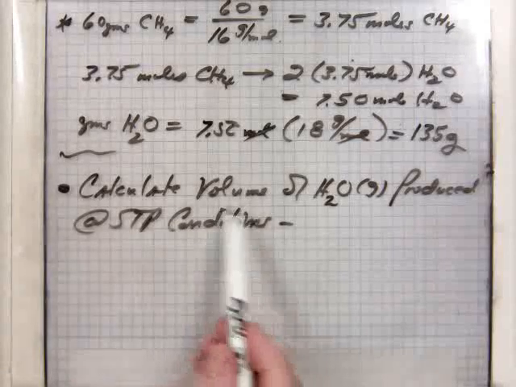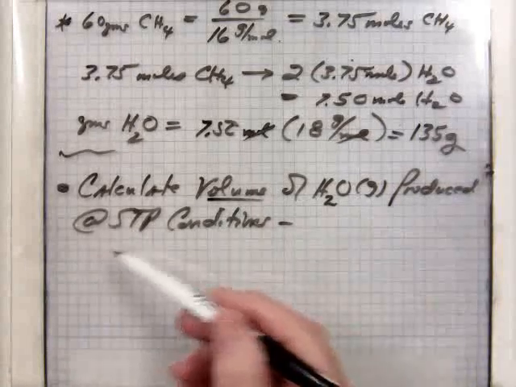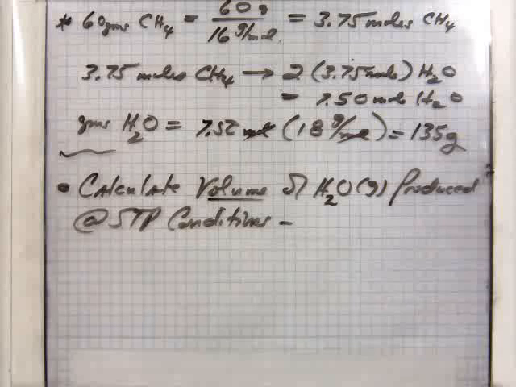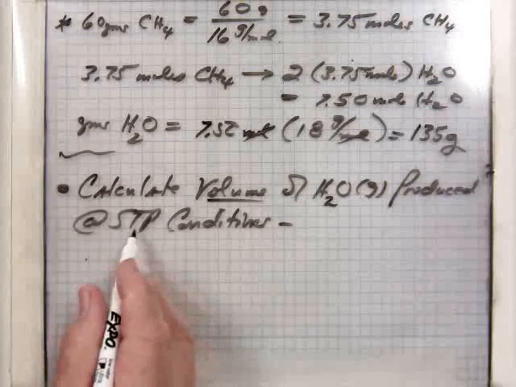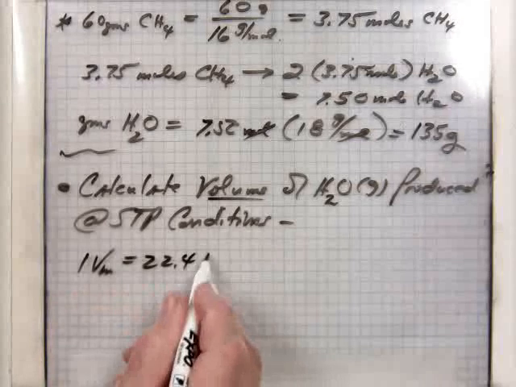It says calculate the volume of H2O gas produced at, and I have to specify a temperature and pressure, which is in this case 0 degrees and 1 atmosphere, which is standard conditions. Well, at STP conditions, 1 molar volume is always 22.4 liters.